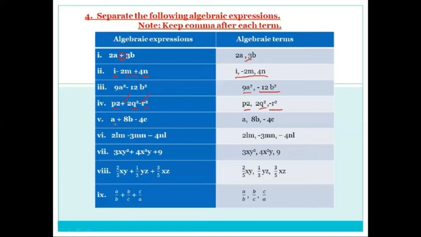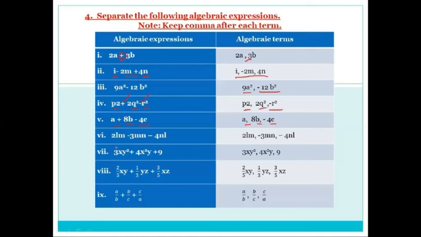Dear students, here we have a plus 8b and minus 4, just a. After a, I will place the comma, then plus is not necessary, write the comma, then 8b, write the comma, then minus 4c. Just here I have written minus 4.